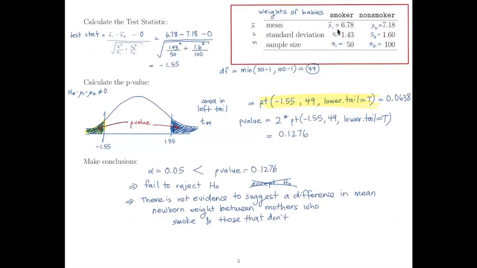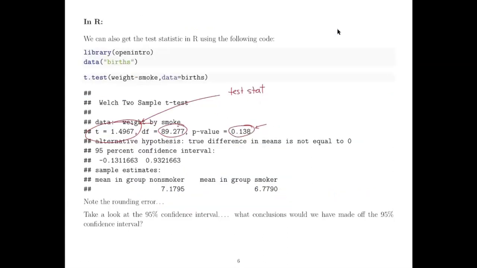And if you do it precisely, you're going to get a slightly different value. So I always recommend students use as many decimal places as possible, and carry those values throughout your calculations. So that might be why they're slightly different, but same ballpark, right? This t-statistic is very similar, and this p-value is very similar.